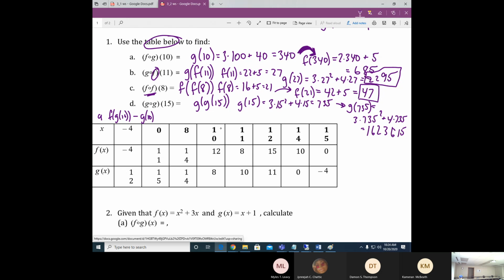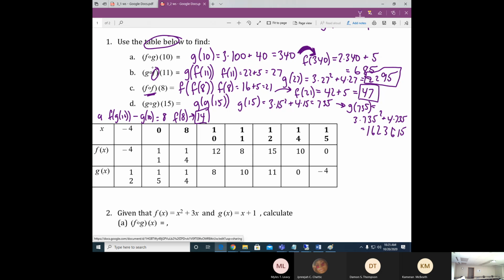G of 10 is 8. So f of 8 then is, here's input 8, I get 14. F of g of 10 is 14. So there's my A answer. A lot easier than that.